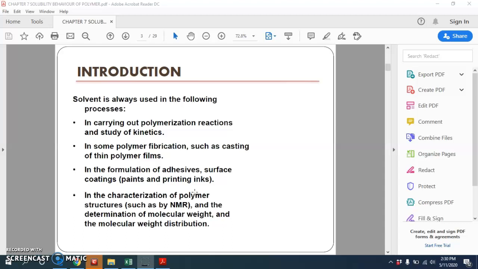And third, in the formulation of adhesives and surface coatings, such as paints and printing ink, which of course need some solvent. And in the characterization of polymer structures, such as NMR, FTIR, and so on, and the determination of molecular weight and the molecular weight distribution. Of course, in GPC, it needs some solvent as a mobile phase.